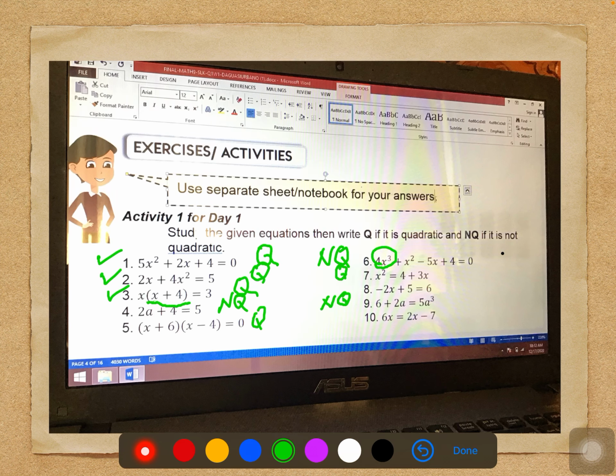Number 8 and number 10 are not quadratic because in no way you can simplify further or you can perform any operation so that it will yield to an equation containing a second degree term. That's why this is not quadratic and that one is also not quadratic. There you go. So let's move on to the next one.